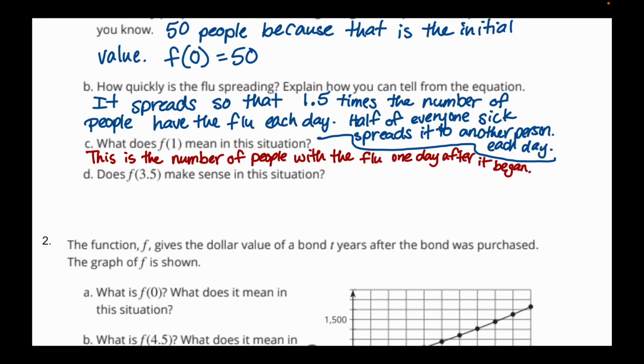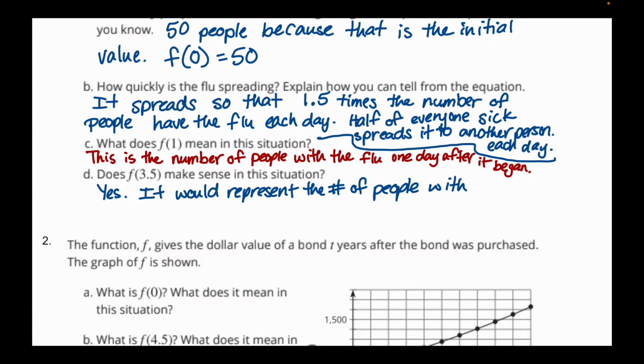So yes, I'm just going to describe what it represents because you can then logically conclude that it makes sense. It would represent the number of people with the flu 3.5 days after it started spreading.